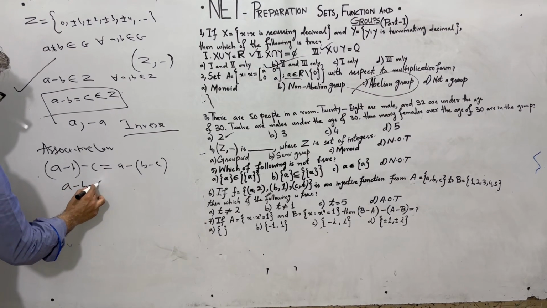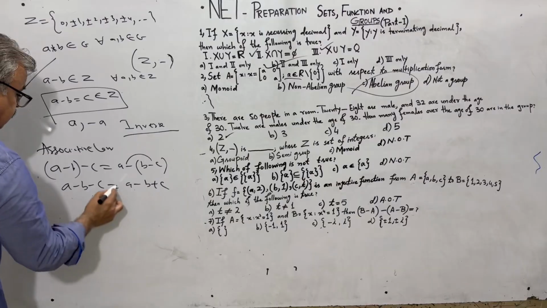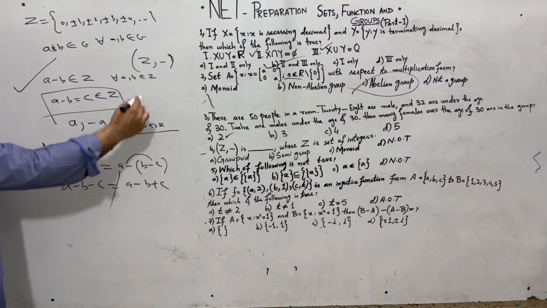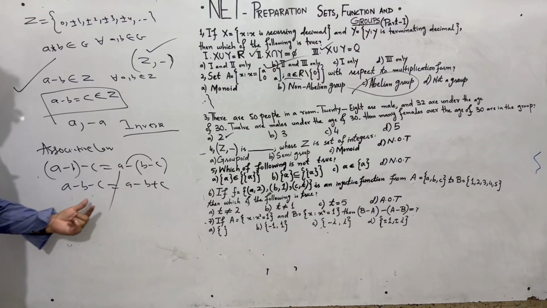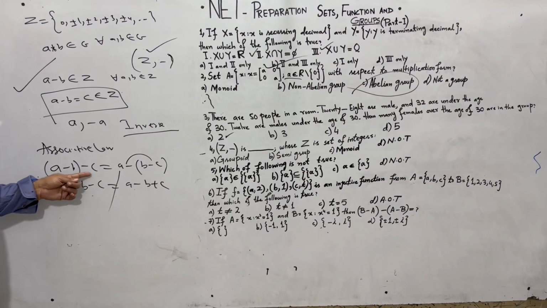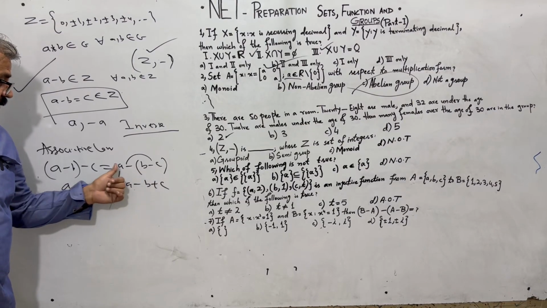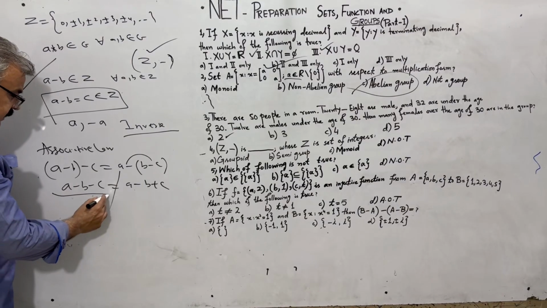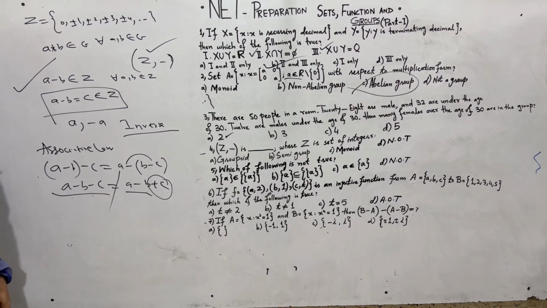Here, first we have to calculate A minus B, then take the result with C. Here we have to calculate B minus C, then with A. If I multiply by minus, look at this: there is A minus B minus C, and there is A minus B plus C. They are not equal. So the associative law fails under subtraction of integers.